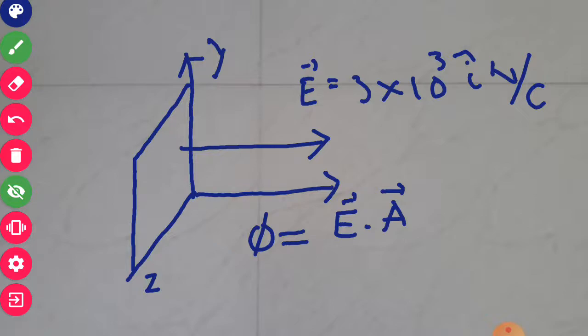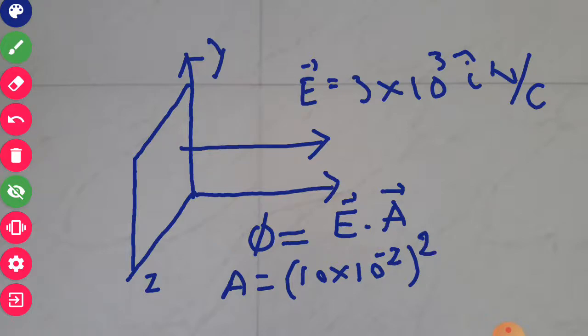The side of the square is 10 centimeter, so area will be equal to L square. It is 10 into 10 raised to minus 2 meter on each side, because length and breadth are both the same, so we take the square of the length.